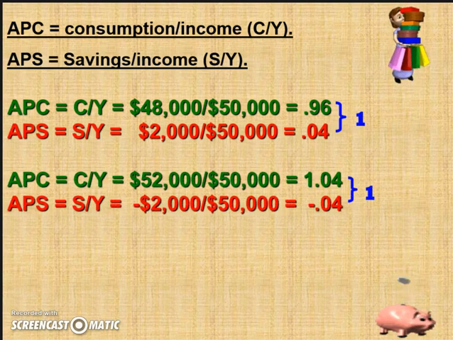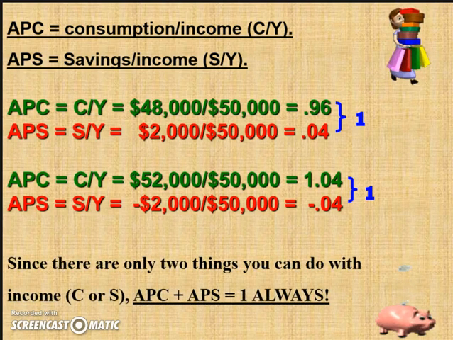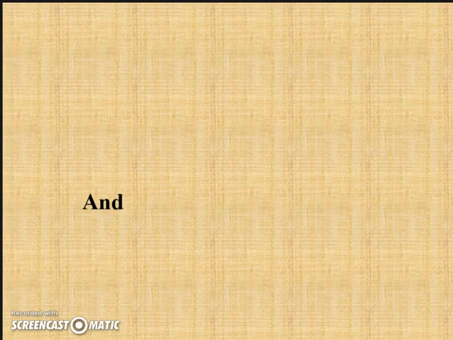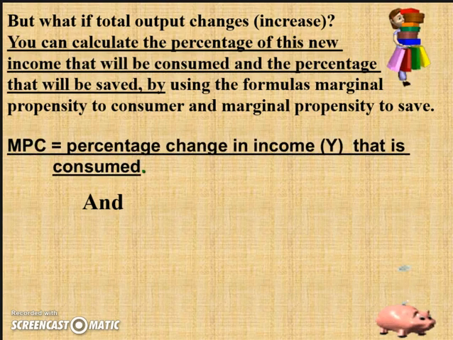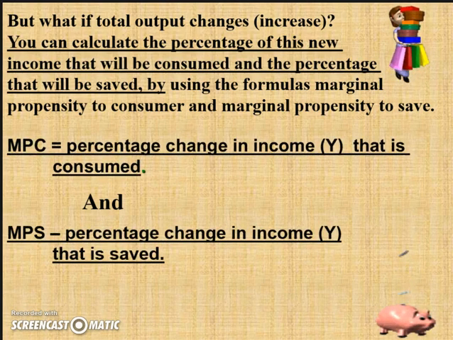Here's another example to practice plugging this in so that you get a feel for it. A lot of it is very intuitive and simple, but you probably want to write down the formulas. Since there are only two things you can do with income, consume or save, APC plus APS always equals 1. And what if total output changes or increases?